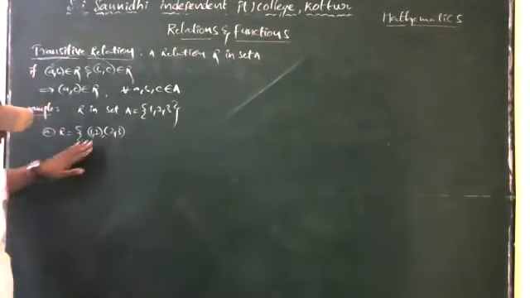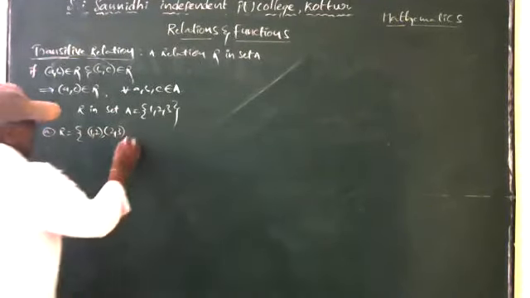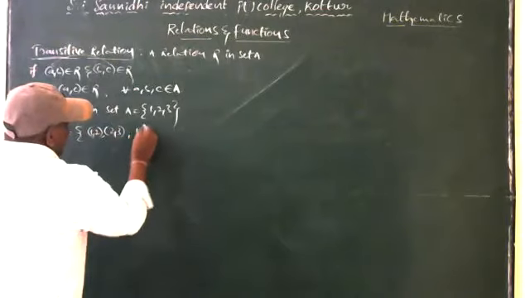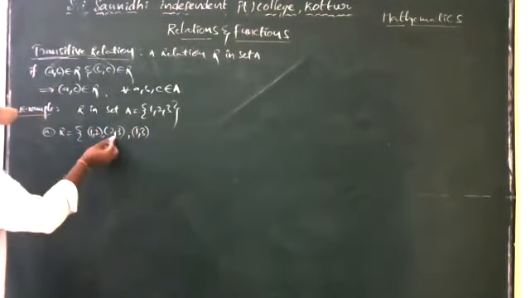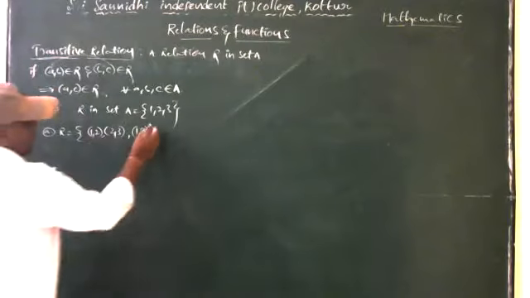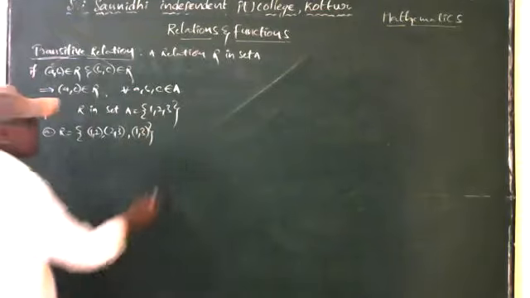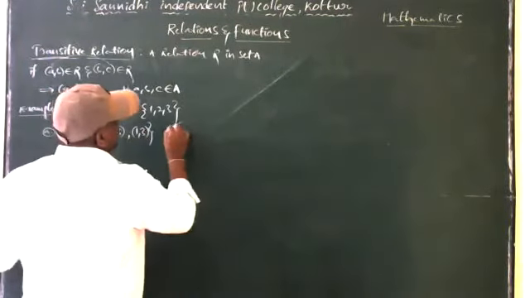Then a comma b belongs to the relation, b comma c belongs to the relation. Then a comma c, that is 1 comma 3, from 1 2 and 2 3, should belong to the relation. Is 1 3 there or not? 1 3 belongs to the relation. That's why it is a transitive relation. This is one example of a transitive relation.